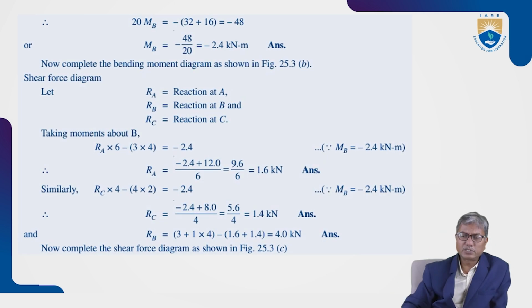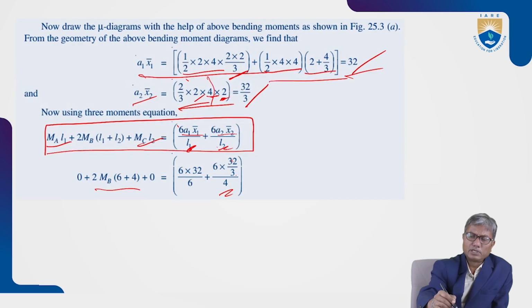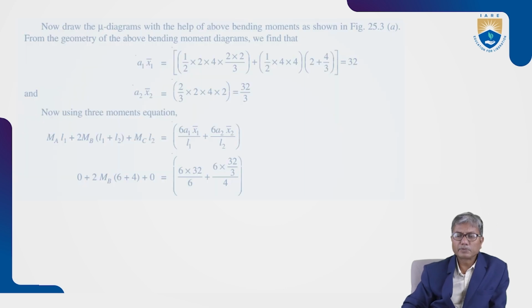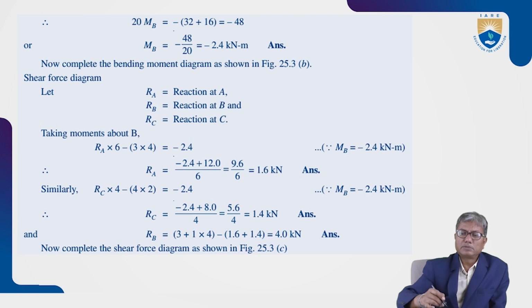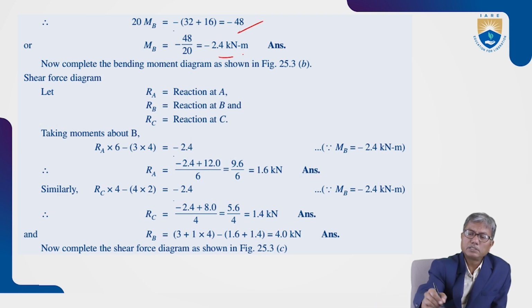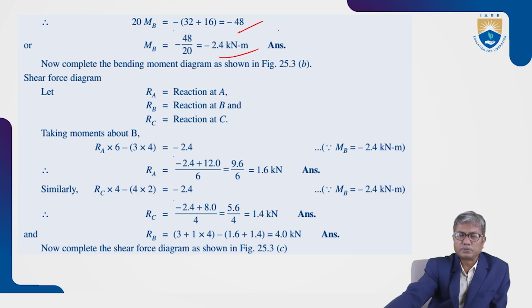This is with negative sign actually. Minus. So, minus 48. MB will be minus 2.4.